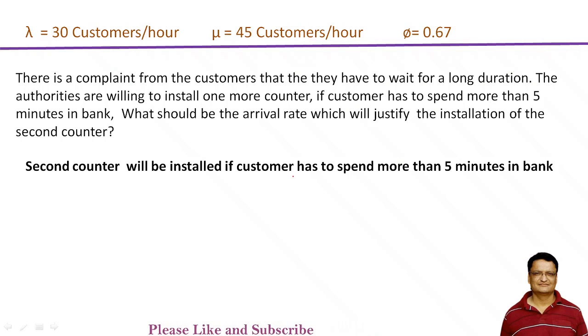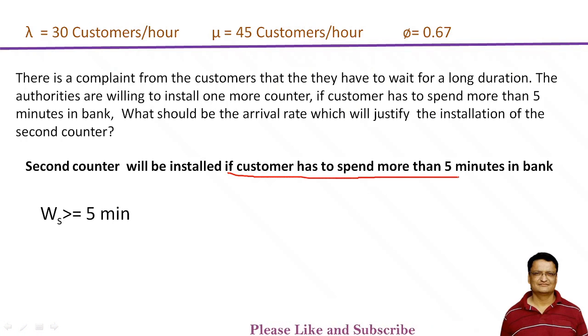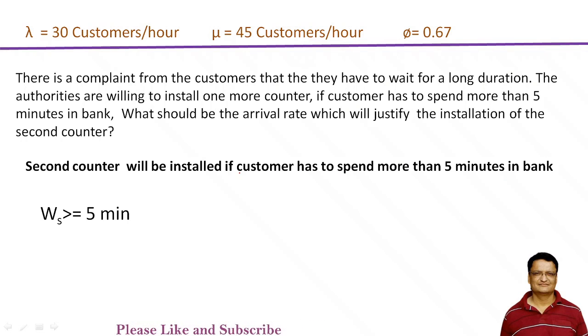I hope that you must have given some thought to this question. Now it is said that a second counter will be installed if a customer has to spend more than 5 minutes in the bank. So the most important thing is the time spent by a customer in a bank.